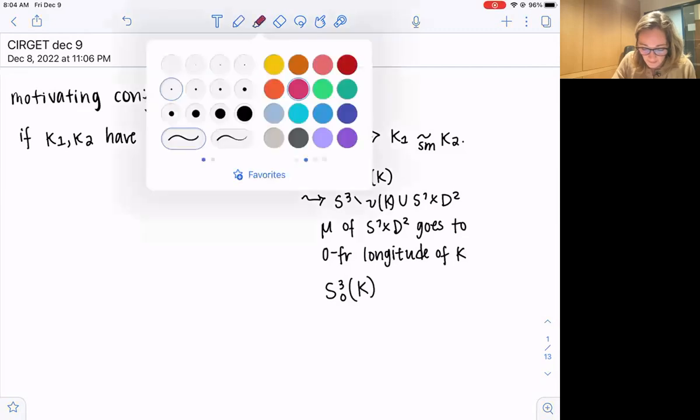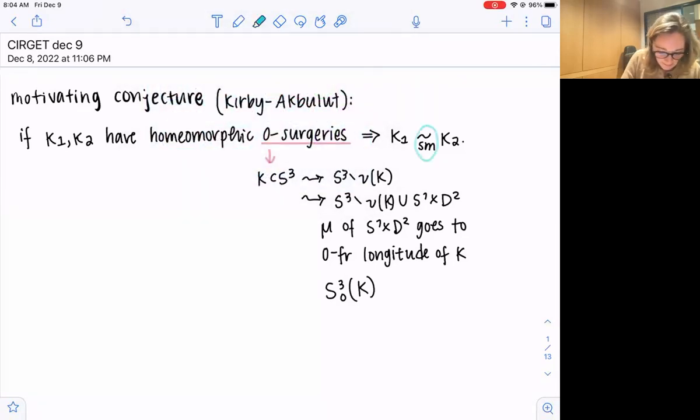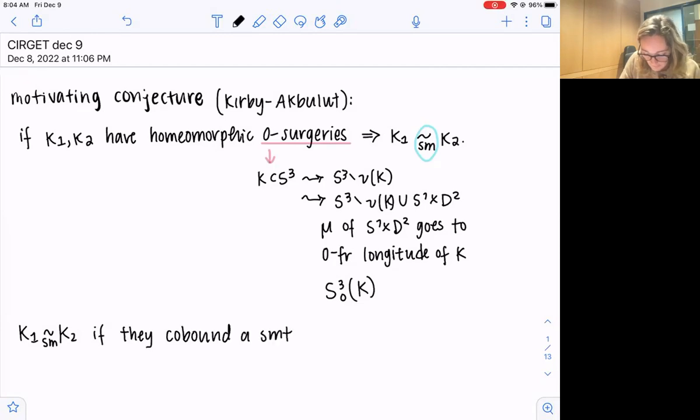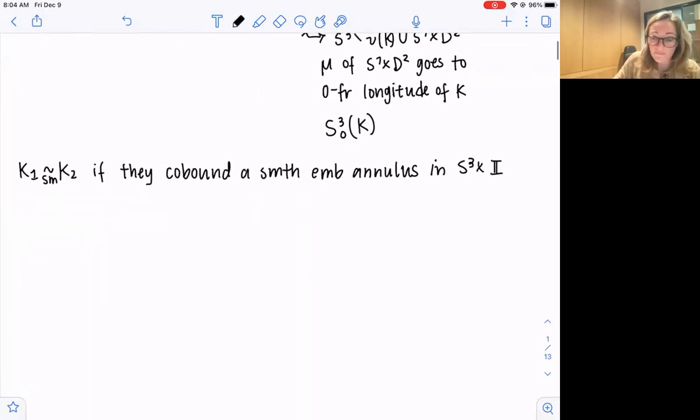And maybe I'll also remind us what smooth concordance is. We say that two knots K1 and K2 are smoothly concordant if they cobound a smoothly embedded annulus in the product manifold S3 cross the interval. Then we can build an abelian group, which we denote C sub smooth, the smooth concordance group, the concordance group in the smooth category.